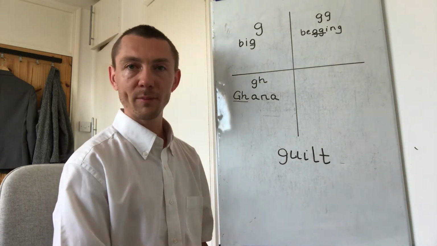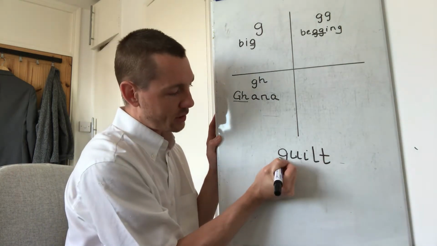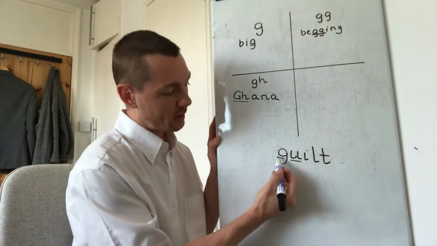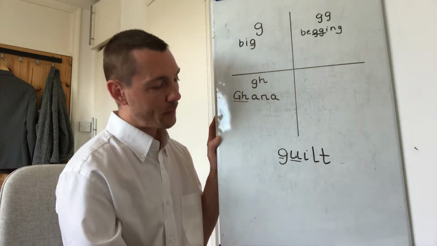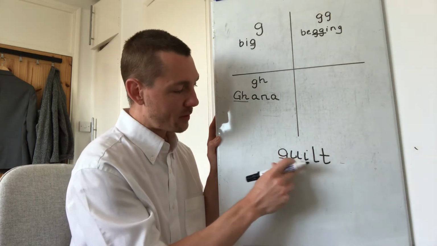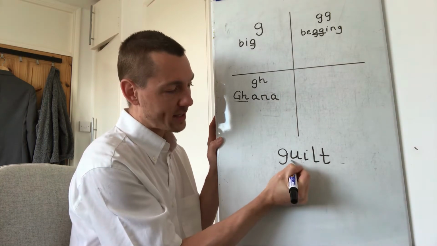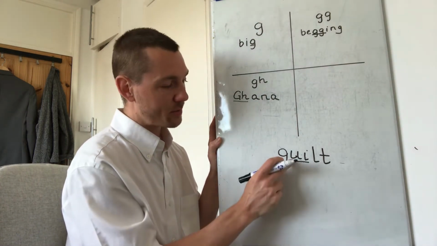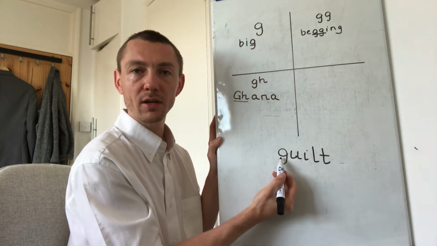I think there's a couple of places this could go today, because we've got a G-U spelling of G-I-L-T, guilt. But also, some of you might be thinking, we've actually seen U and I together before as an I spelling, which would mean that just the G is being used to spell the G sound.